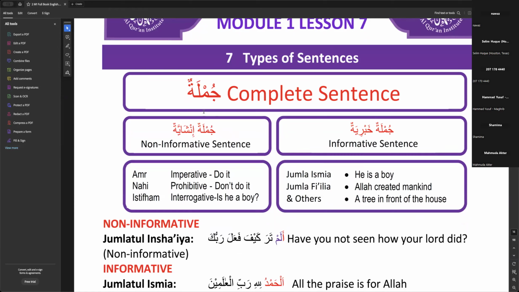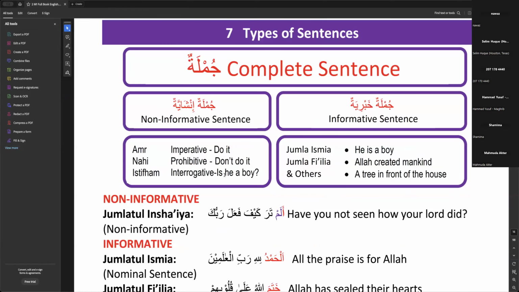Under this are jumlatul amr, imperative; nahi, prohibition, don't do it; and istifham, interrogative. The example is given here. Amr means do it. Istifham is interrogating, asking questions, finding out facts and figures, like an interrogative sentence.